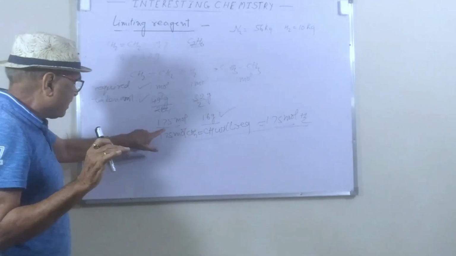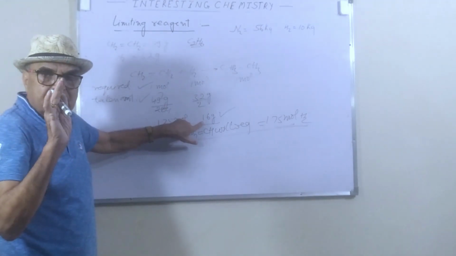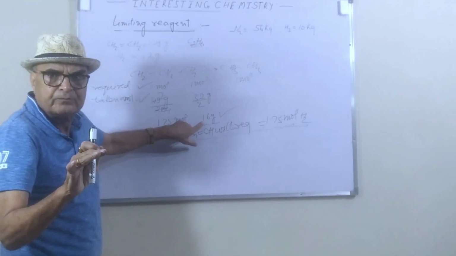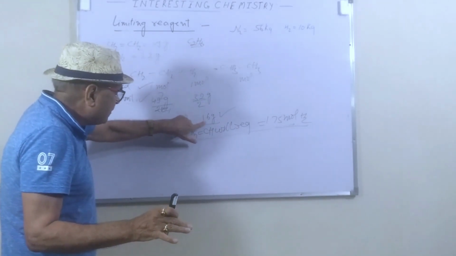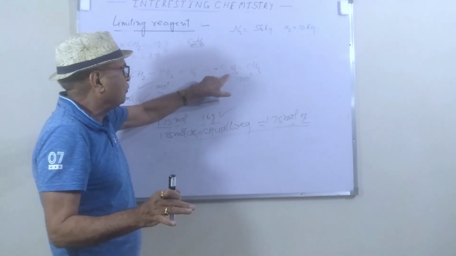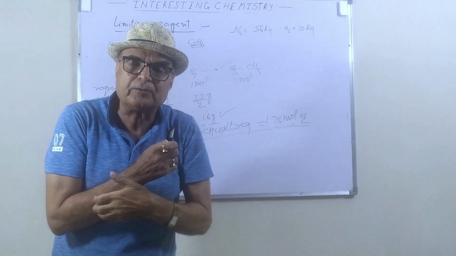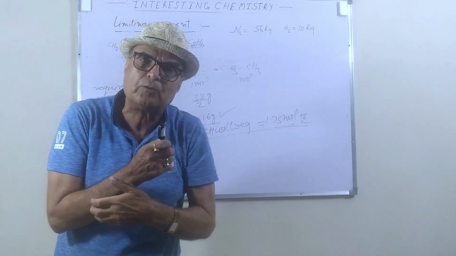This amount is in excess, this amount is less. So when 1.6 gram of hydrogen is consumed, the amount of methane will not form after consuming the 1.6 gram of hydrogen.